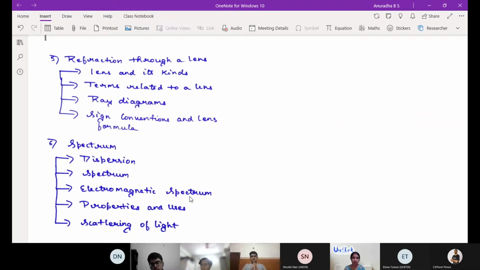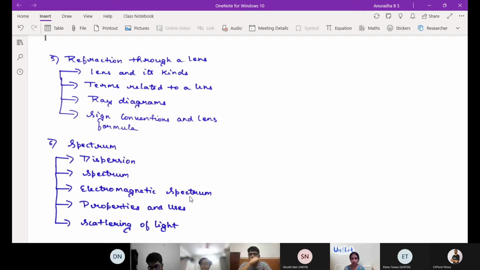So you should know about that, and you should know the differences. Then you had learned about the terms related there also, like principal axis, center of curvature, radius of curvature, focal length, focus.